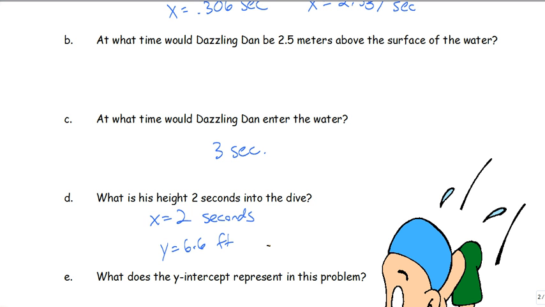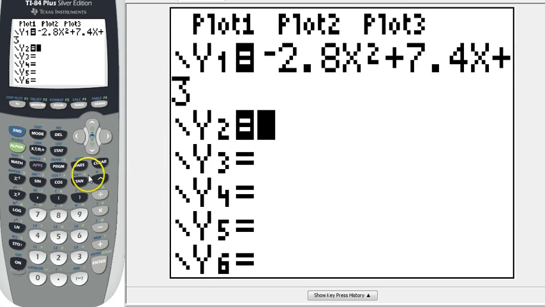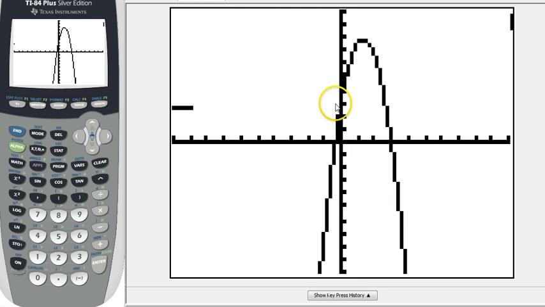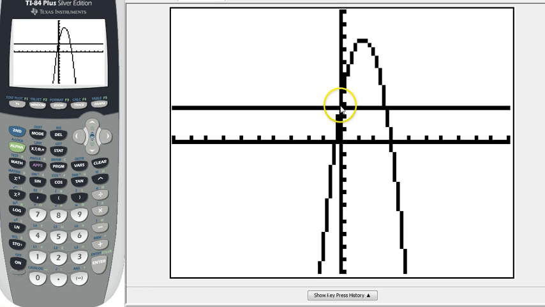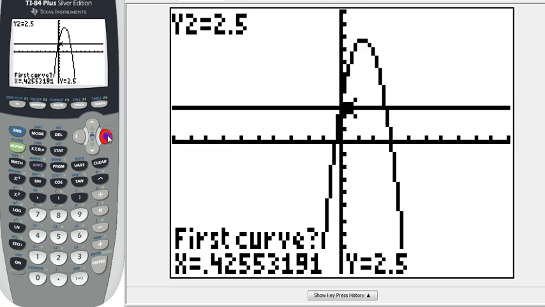is his height. Back to B, just draw that line at 2.5. Y equals 2.5. So I draw the line, and again, it hits here, but the first point it hits is actually a negative time. We don't care about that. We only care about this positive one. So we do second trace 5 and move over to that point.